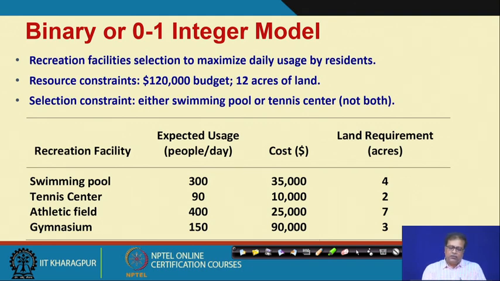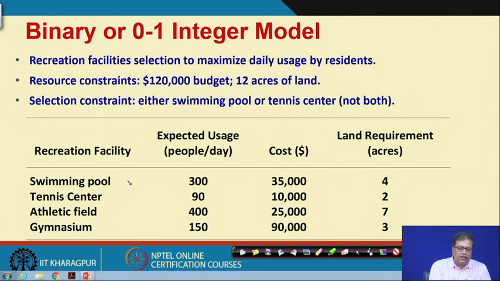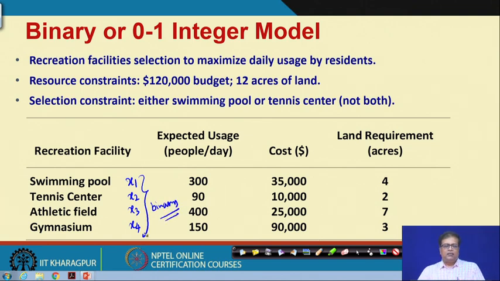That means either we create a swimming pool or we do not create. Is it all right? So, if that is so, then assuming 4 variables x1, x2, x3, x4, they all will be binary and they will be subject to the usual objective function and constraints. Let us see them.